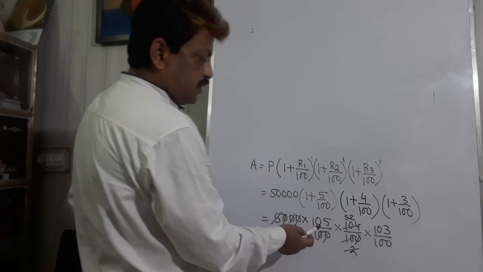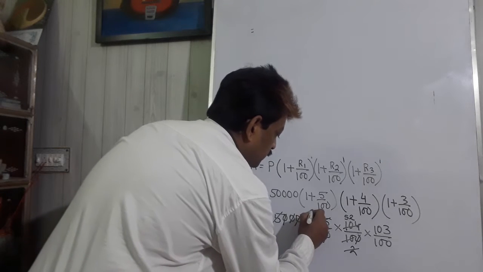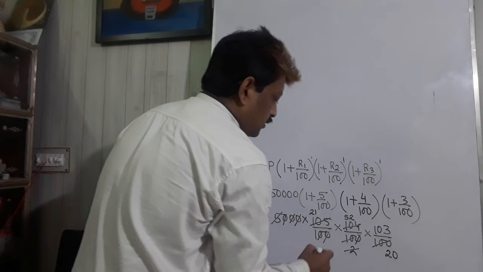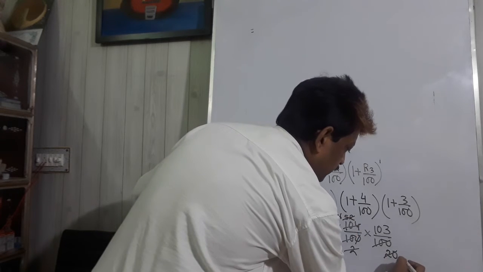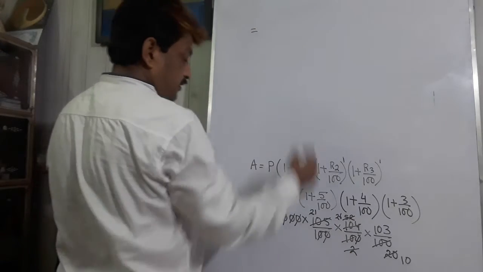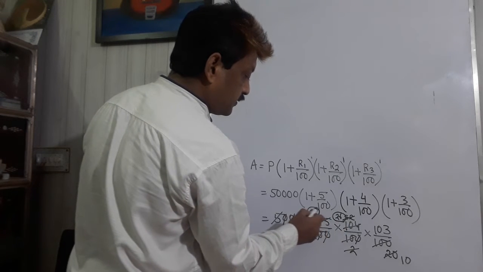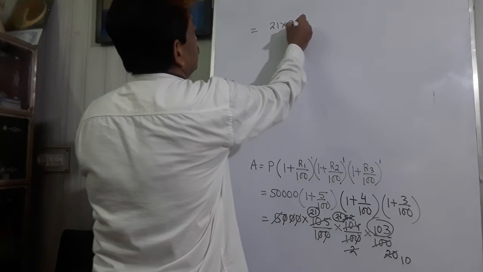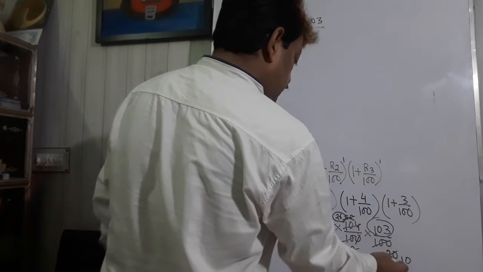I can simplify this one also. So 5 cuts 105 is 21, 5 cuts 100 is 20. Then 2 cuts 52 is 26, and 2 cuts 20 is 10. So no more further calculation. So what we have to multiply in the numerator is 21 into 26 into 103, and the denominator is 10.